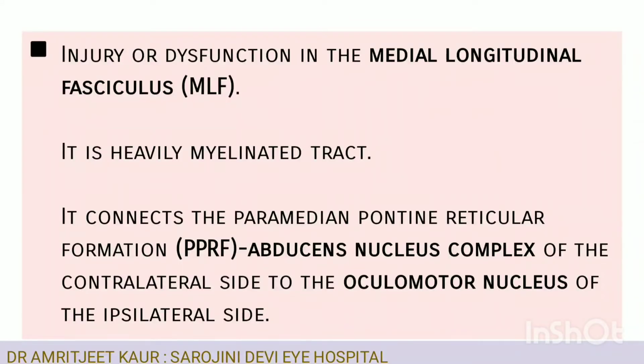So it is an injury to this highly myelinated tract, the medial longitudinal fasciculus, that leads to internuclear ophthalmoplegia. As we have already seen, the MLF connects the paramedian pontine reticular formation abducens nucleus complex of the contralateral side to the oculomotor nucleus of the ipsilateral side.